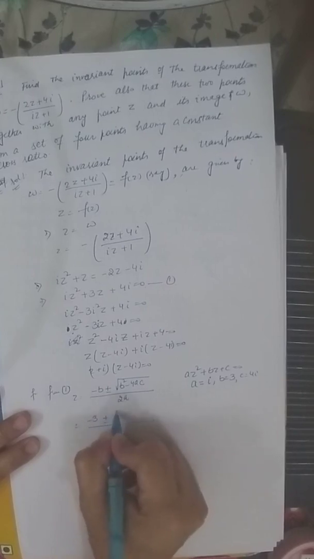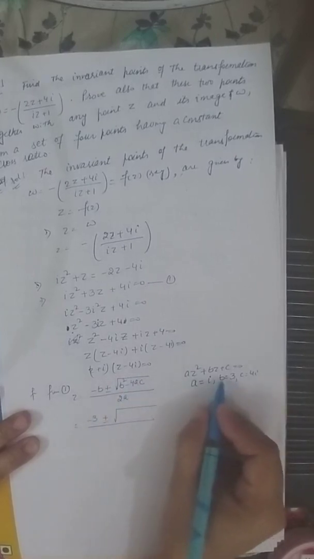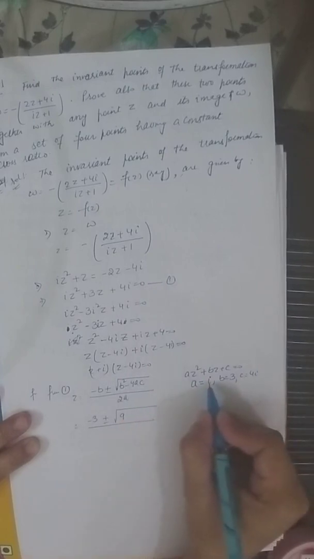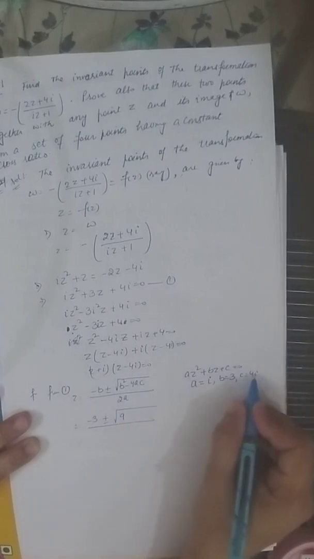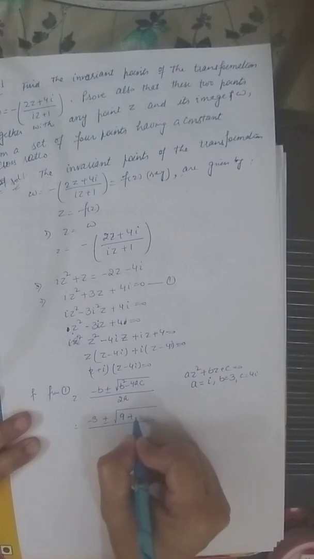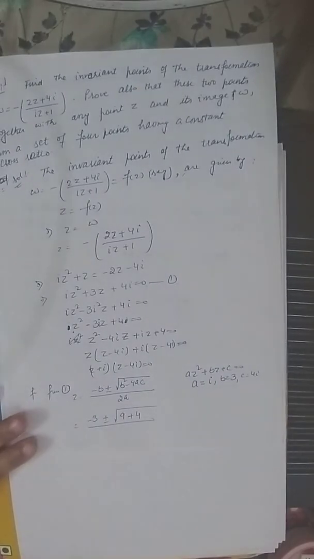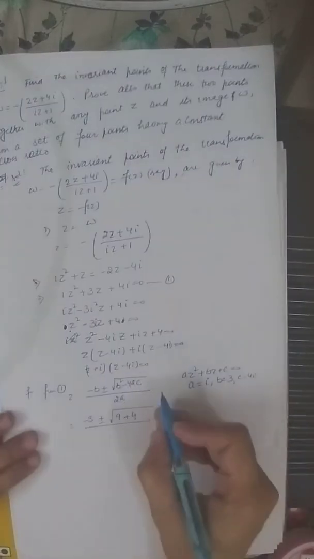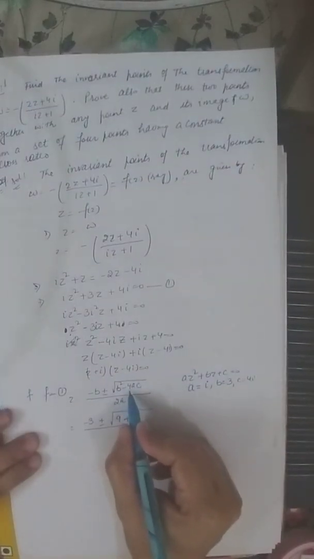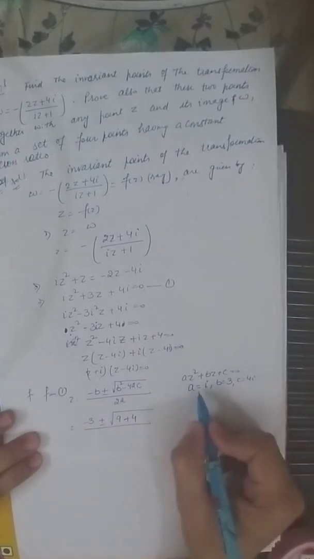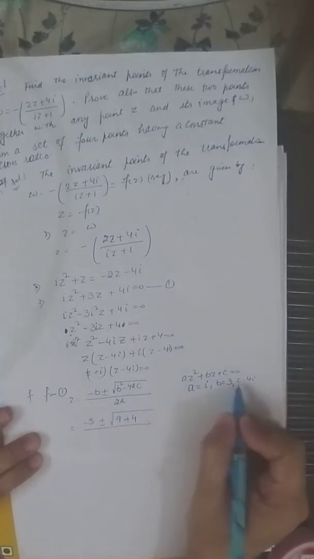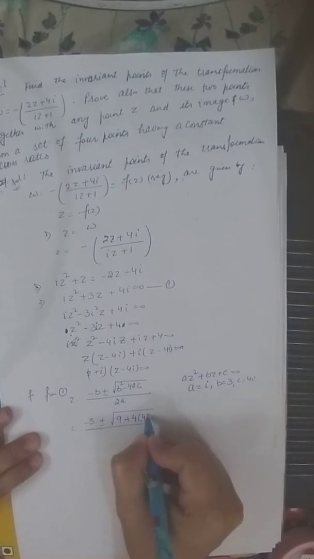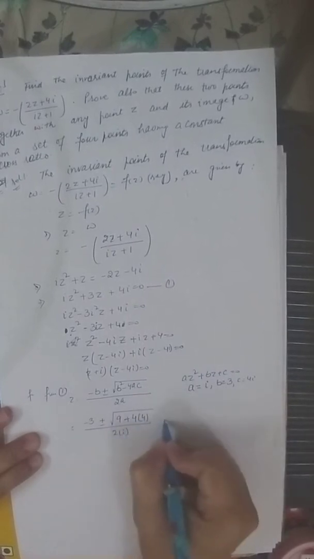Minus 3 plus minus square root of b square, that is 9, minus 4ac, that is minus 4 into 4 iota square, that is plus 16, over 2a, that is 2 iota.